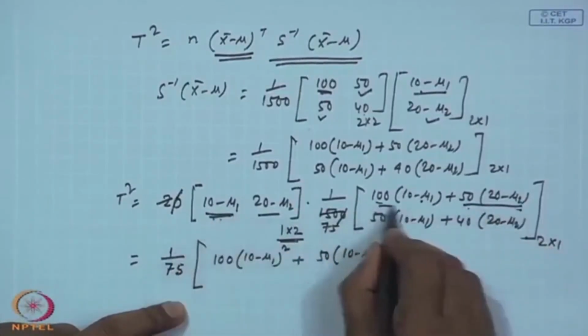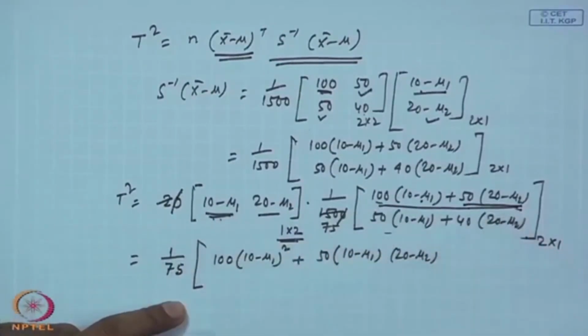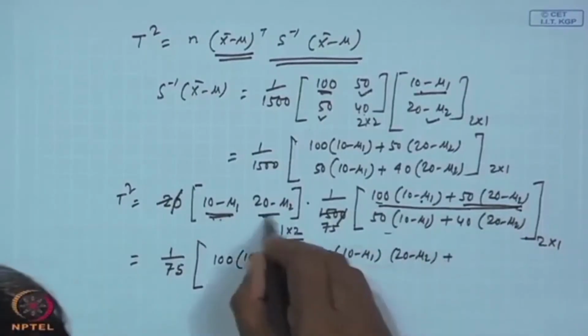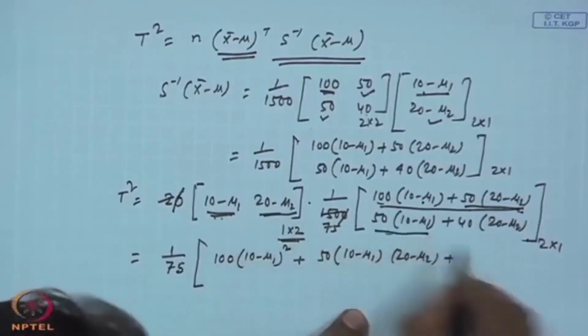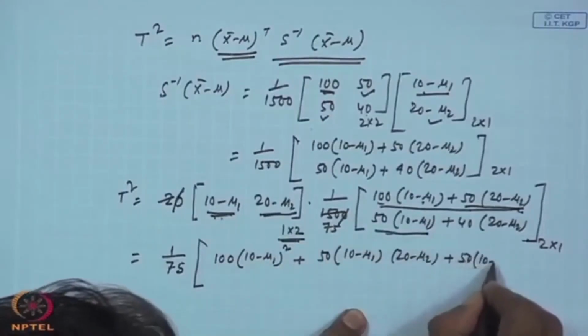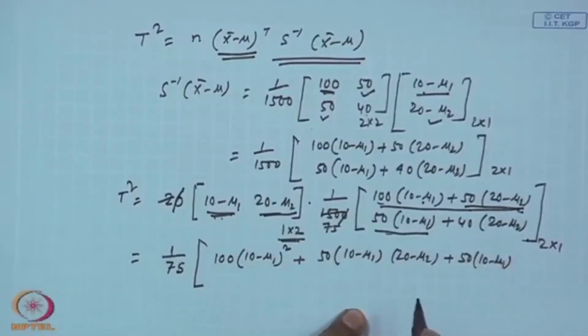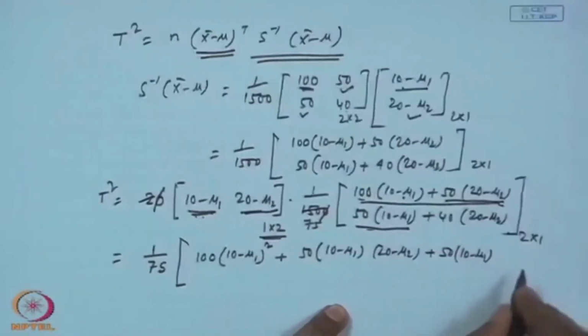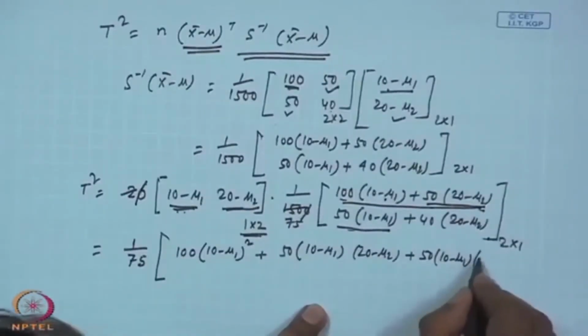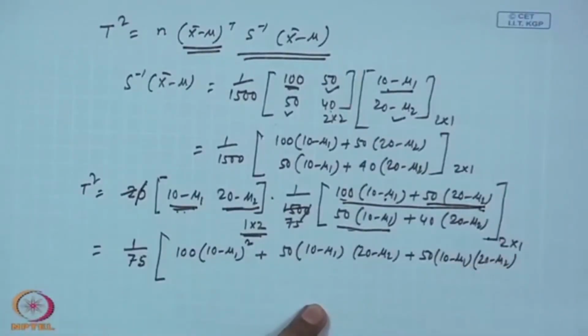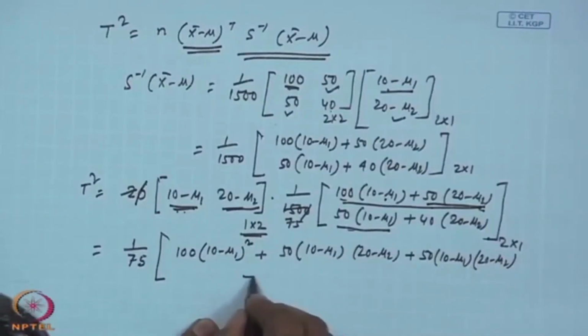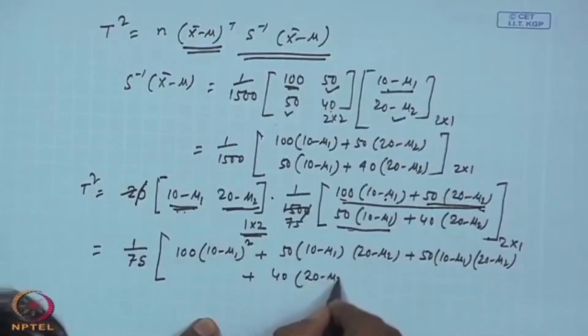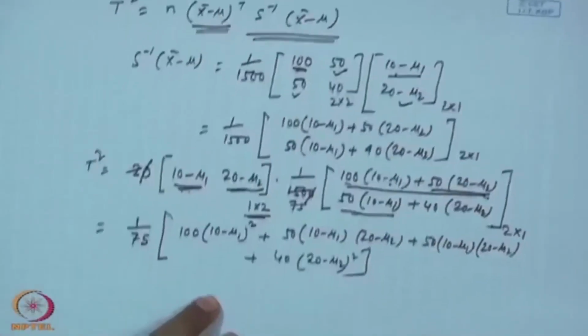Then plus (20 minus mu 2) into 50 into (10 minus mu 1), plus you will get 40 into (20 minus mu 2) square.